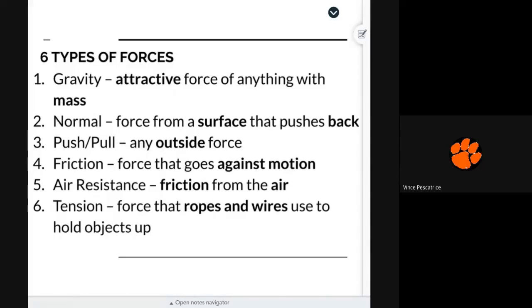All right, so let's talk about these ones right here. If you apply force to an object, what happens to its acceleration? Can you answer that in the chat?